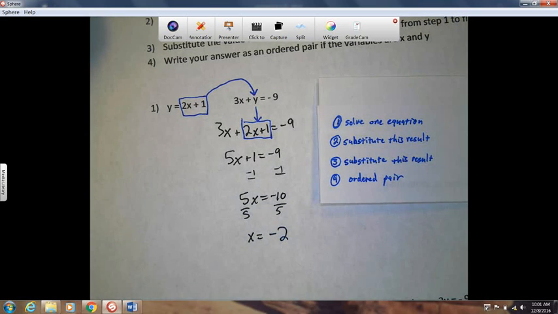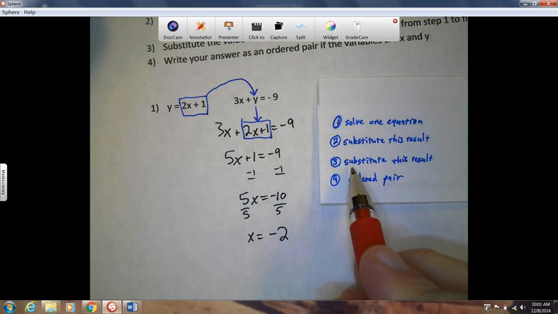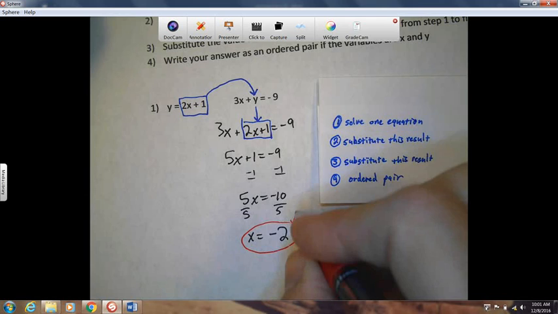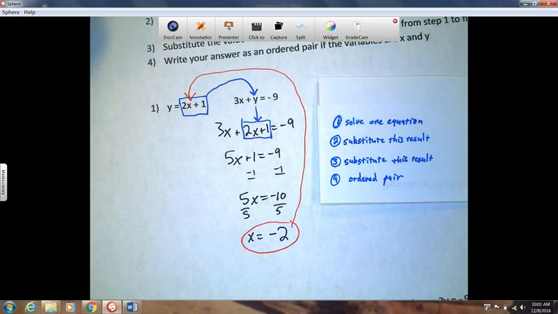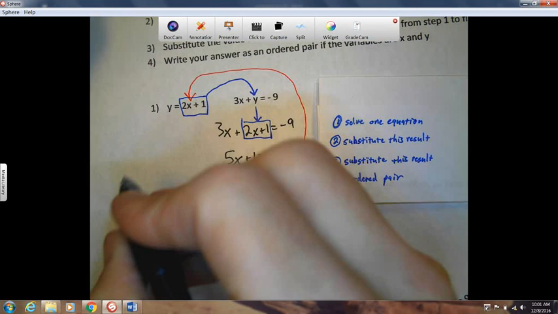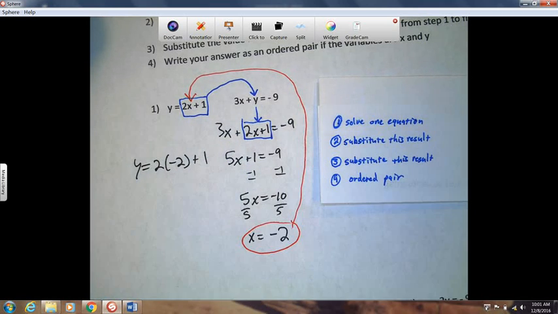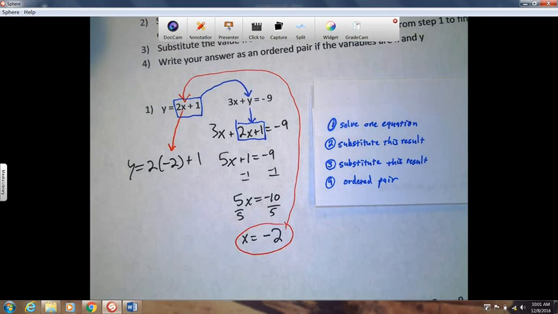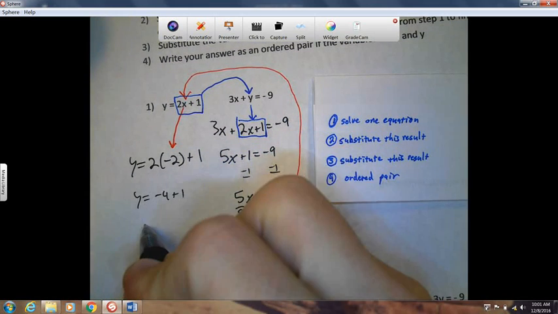So once you determine that x is negative 2, you're going to do step 3, substitute this result back into the other equation. So y equals 2 times negative 2 plus 1. So I substituted x, and then I solve for y.